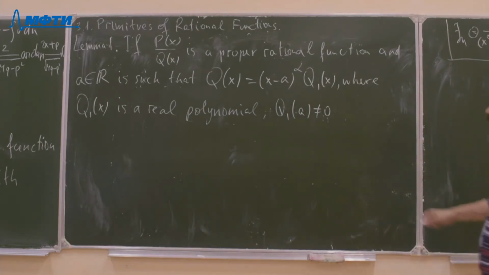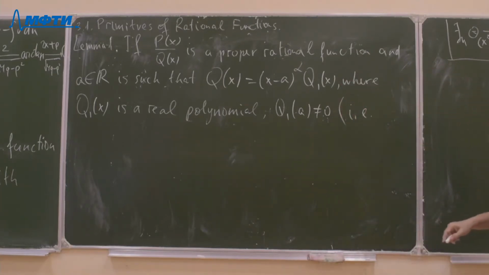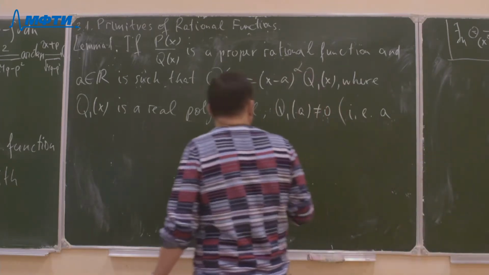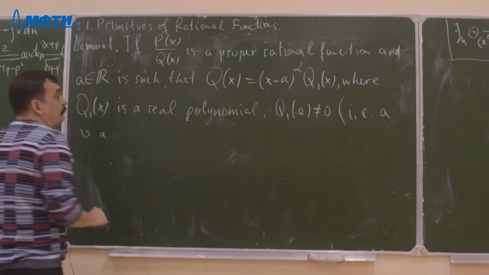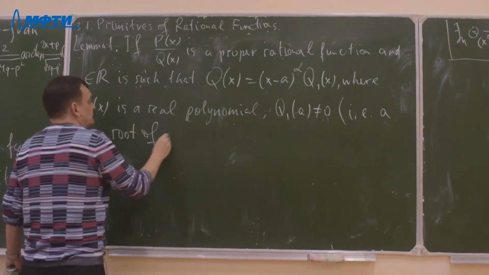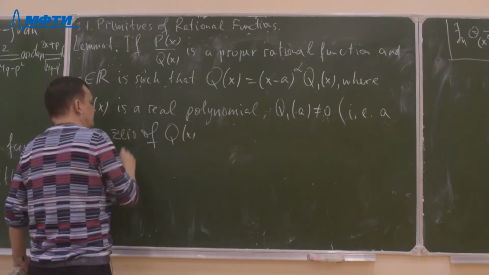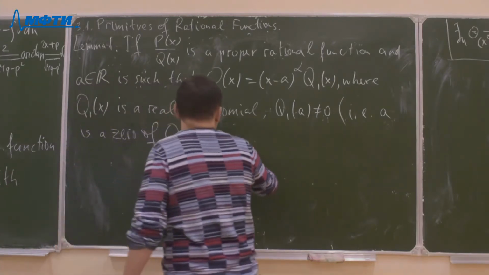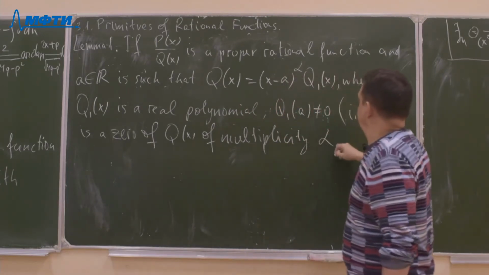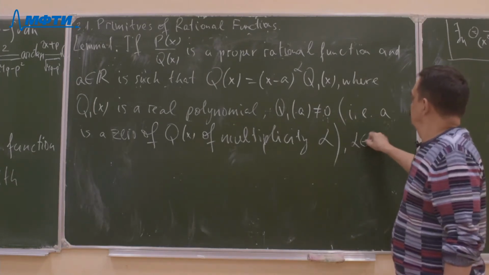I think you know that it can also be expressed by saying that a is a root of q of x of multiplicity alpha. Of course, alpha is a natural number.